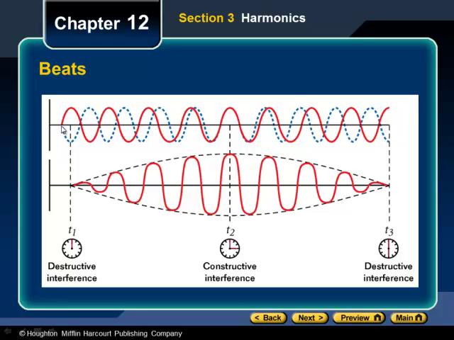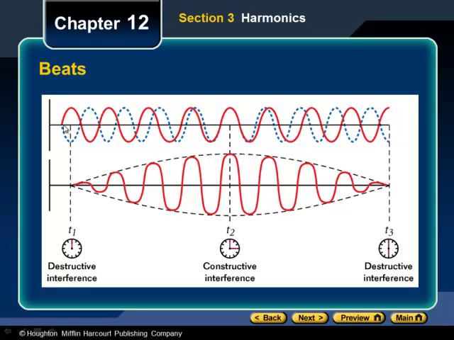For example, if you have one wave at, let's say, 239 hertz, and another one at 240 hertz, where crest and crest coincide, you're going to get a much larger wave.